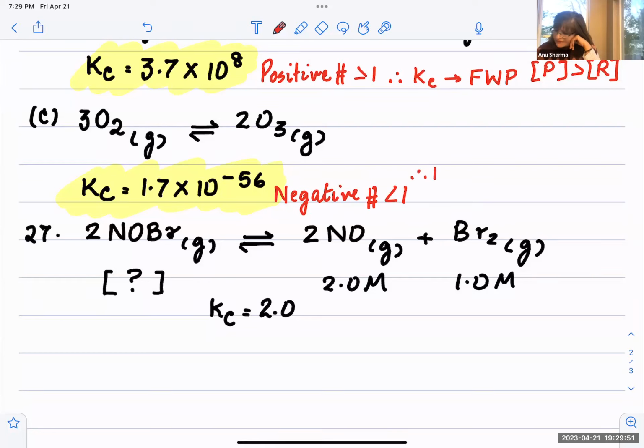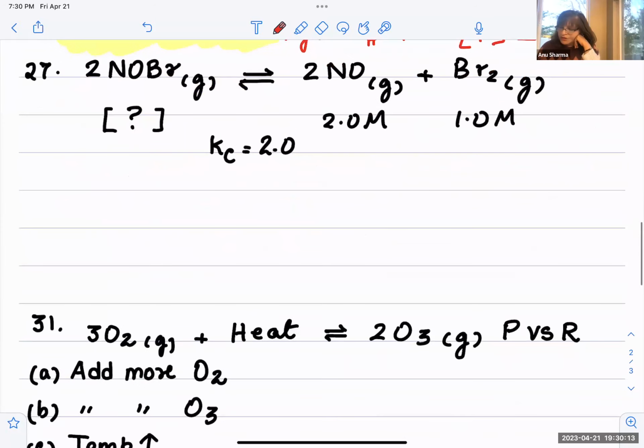Therefore the Kc value indicates that the reaction is moving backwards. When the reaction is moving backwards, the concentration of the products is less than the concentration of the reactants. That's the language for these concepts.